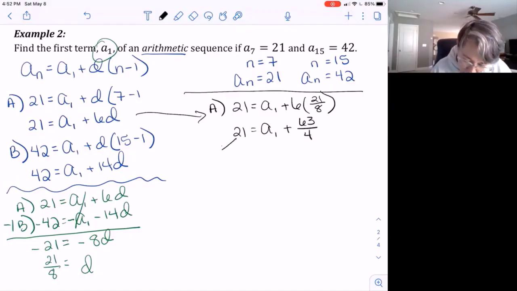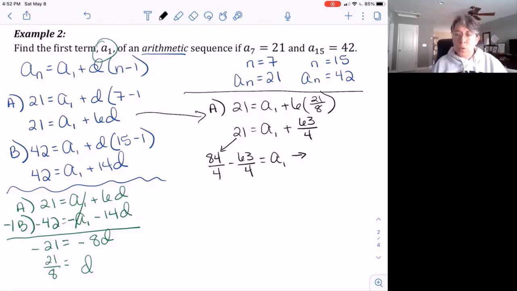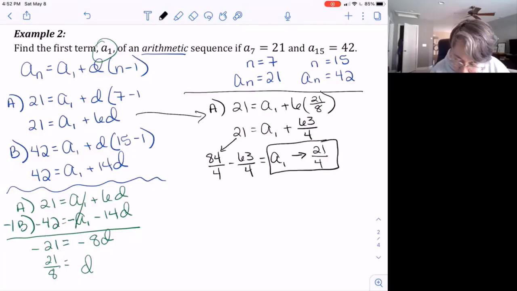So let's rewrite this 21 here as a fraction over 4. So that would be 84/4 minus 63/4 would be our first term. So 84 minus the 63 would give us 21/4 as our first term. And that's what they're actually asking us for.